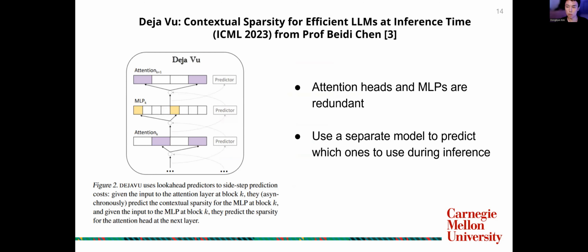The key idea behind Deja Vu is that it's trying to use the fact that attention heads and MLPs in transformers are rather redundant. And so what Deja Vu does is that it uses a separate model to predict which connections in MLPs or which attention heads to use during inference without loss of accuracy.